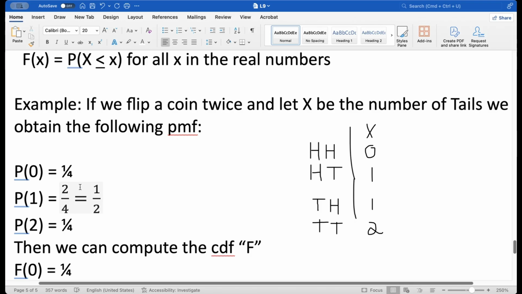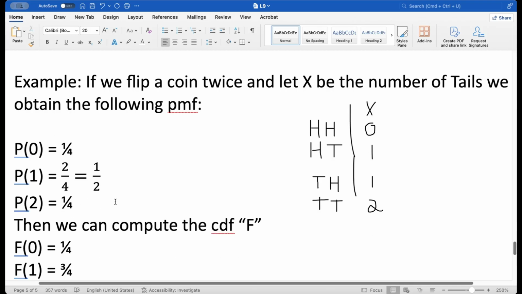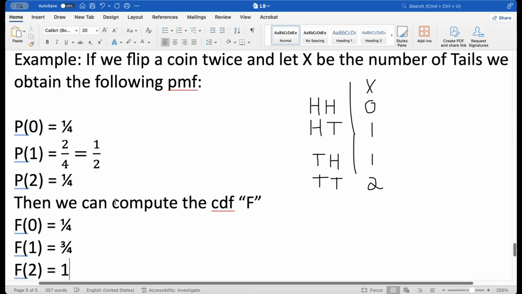F of 1 is going to be 1/4 plus 1/2. It's the running total of everything up to and including 1. So it's 1/4 plus a half, which is 3/4. F of 2, we're going to add up everything less than or equal to 2, adding up 1/4, a half, and 1/4, we get 1 whole.